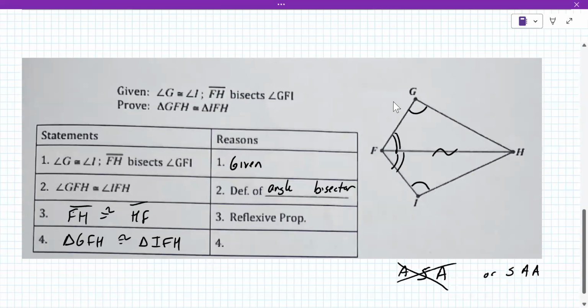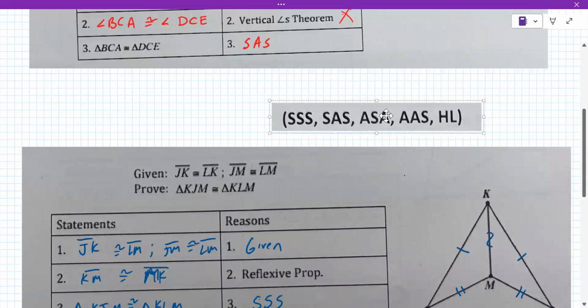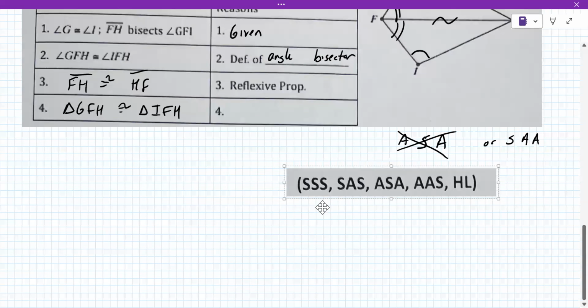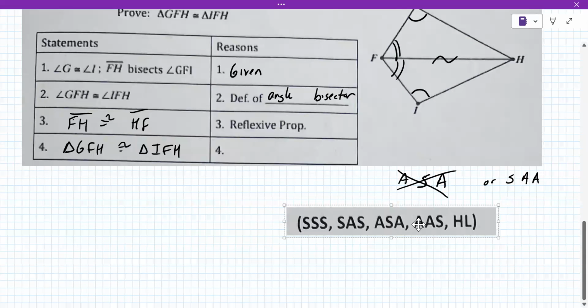And if we go back and look at the list, I just want to grab it here because this one's a little bit awkward because you have to do it in the right order. You can't say, oh, it's ASA. No, the order matters. It's an angle followed by the side. I was thinking that.